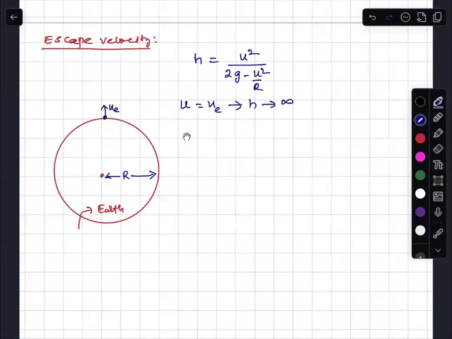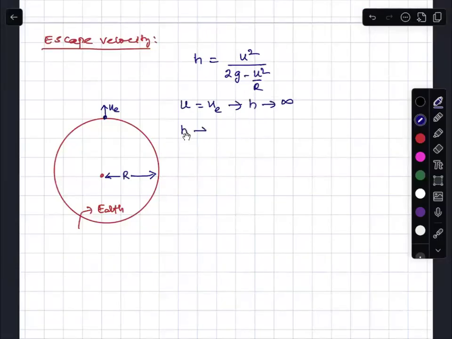Yes or no? I repeat, in that formula, if you project with a velocity such that H becomes infinity, it will never return back to Earth. U is equal to u_e, H tends to infinity.